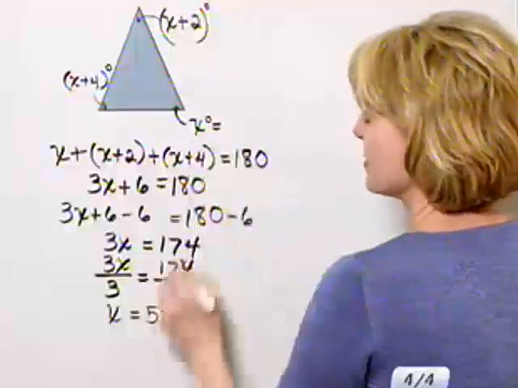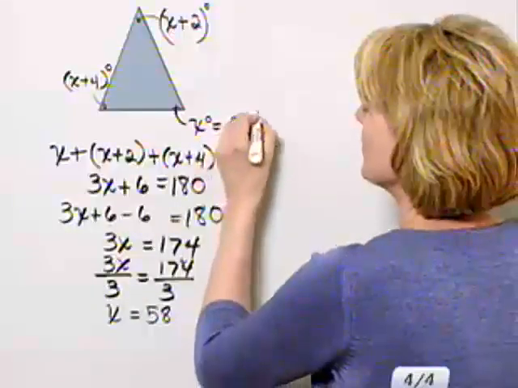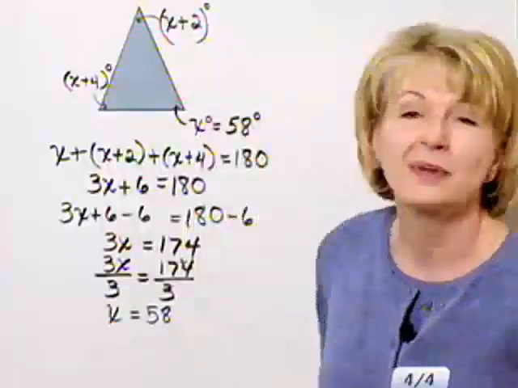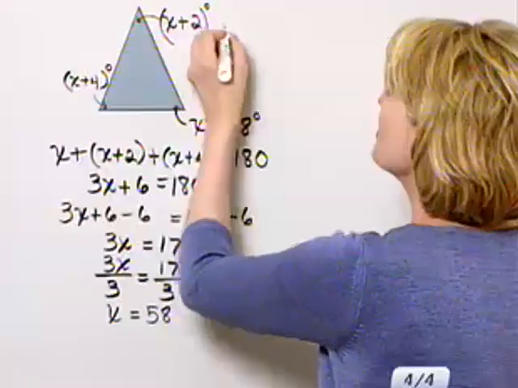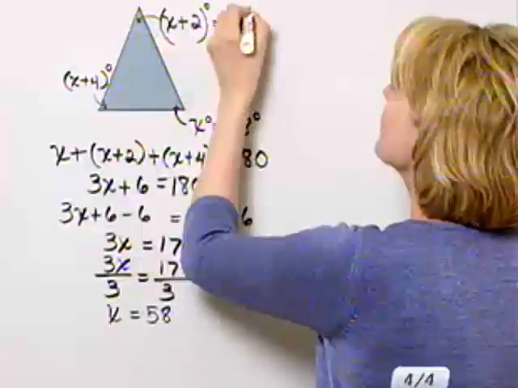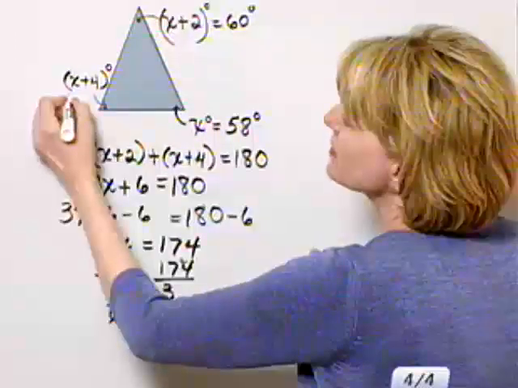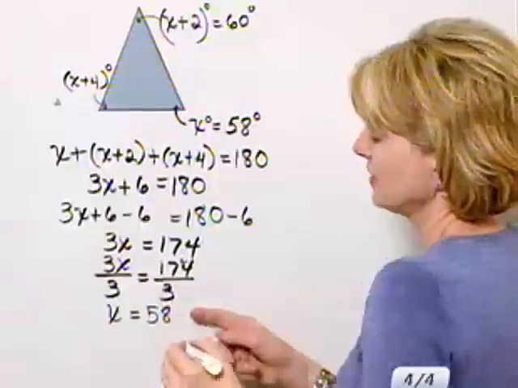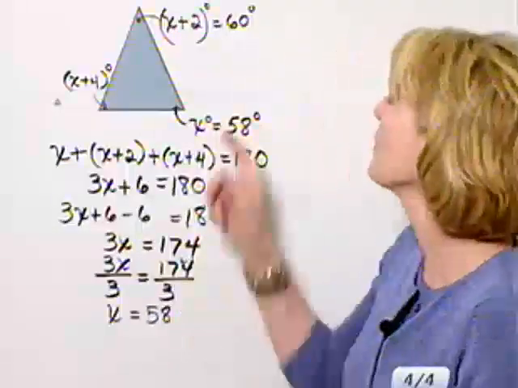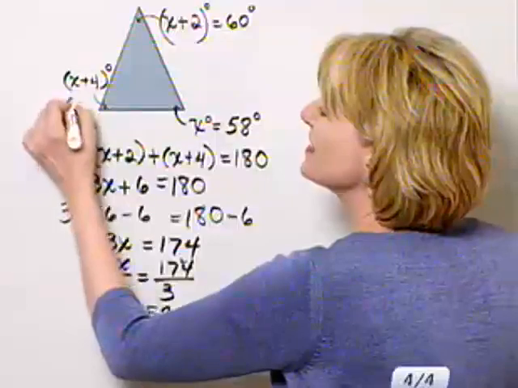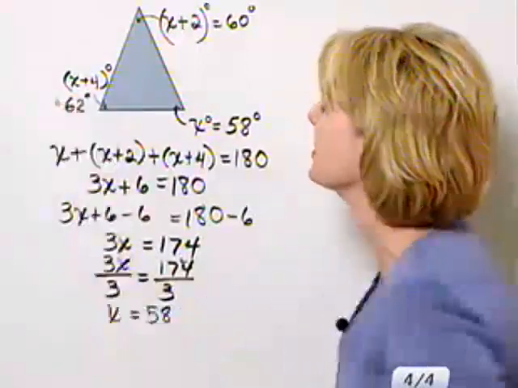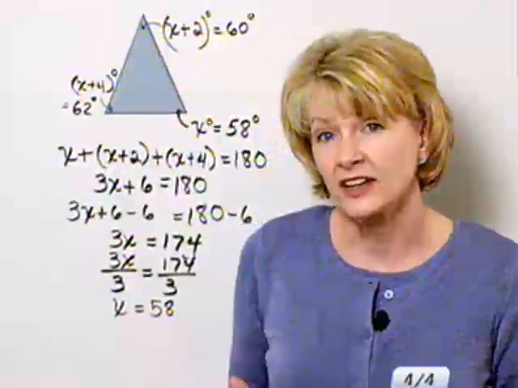X then is 58, so that's 58 degrees. What is x plus 2? 58 plus 2, which is 60 degrees. And x plus 4, that is either 58 plus 4 or 60 plus 2. It is 62 degrees. All right, so let's check.